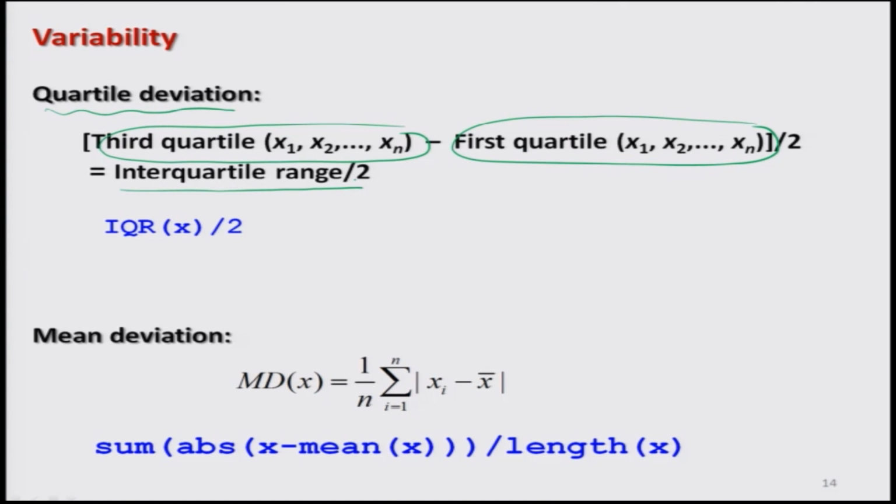There is no need for a separate function for computing the quartile deviation. Once we have a function for the interquartile range, I simply have to halve it. So the syntax to compute the quartile deviation is simply IQR of the data vector x divided by 2. That is pretty simple and straightforward.